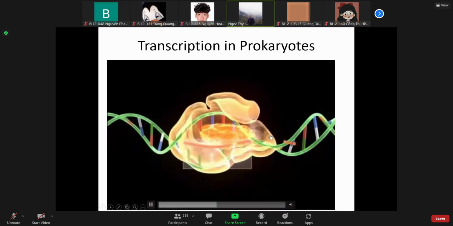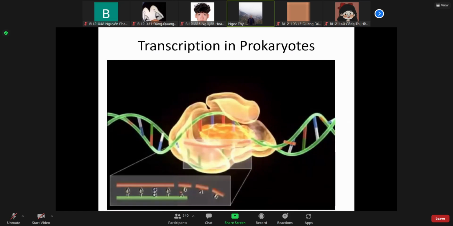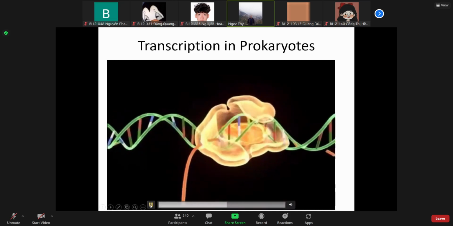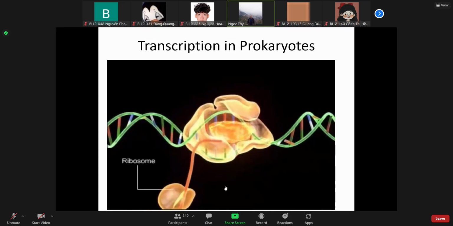The mRNA is synthesized following the Chargaff rule. You can see that in the prokaryotic cell, transcription and translation are continuous. Even before the transcription has finished, the ribosome comes and binds to the mRNA to start the translation process.